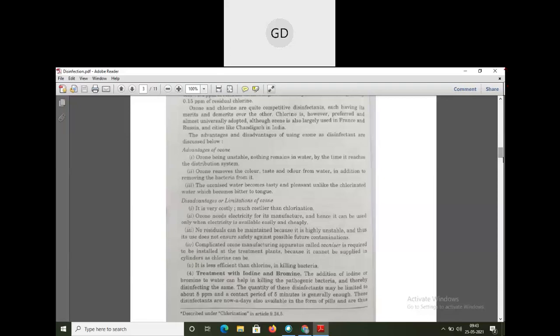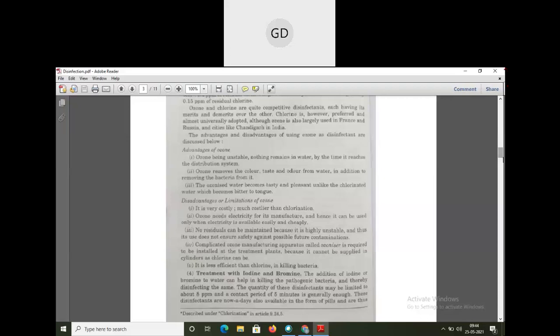Then the next is treatment with iodine and bromine. Iodine and bromine are helpful in killing the bacteria present in the water. These are also disinfectants, and they are available in the markets in the form of pills. You can easily use them for treating large scale public supplies.